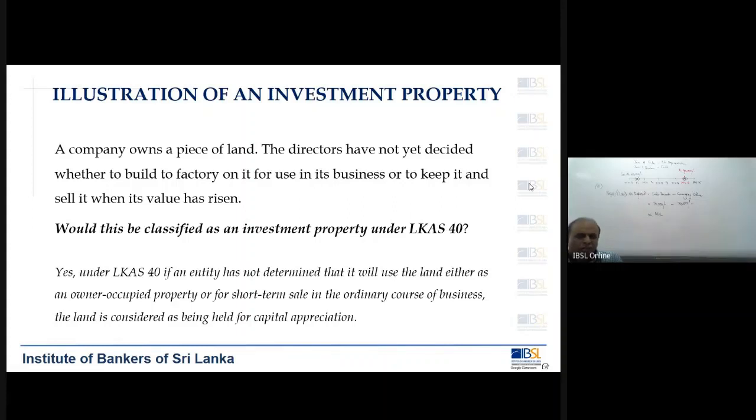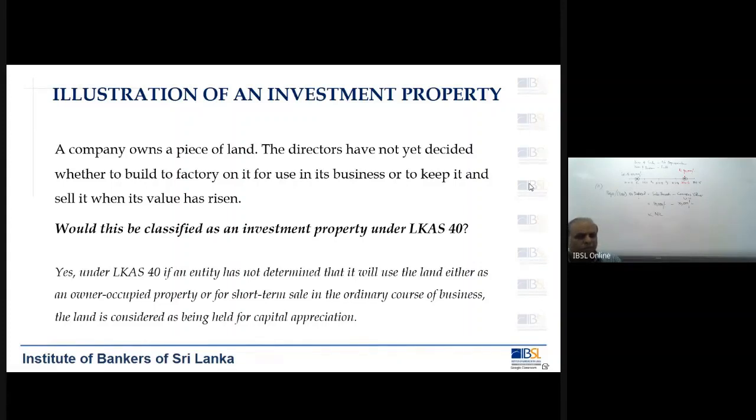That is for capital appreciation. That term has to be mentioned. The term capital appreciation is very important, so you have to mention that in your answer. According to LKS 40, when a piece of land is held for capital appreciation, then it is an investment property.